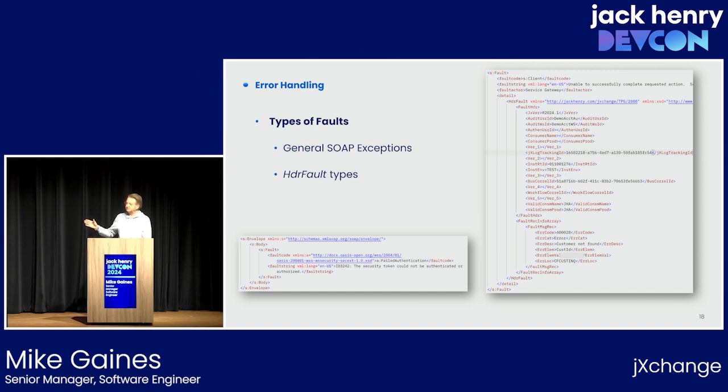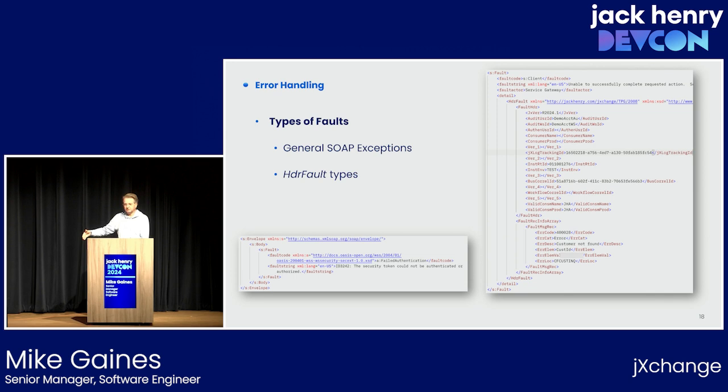The other is a SOAP fault that Jack Henry has designed, called the header fault, and you can see the body here. This is going to come from all of the service providers, and they're going to tell you that you made a request, and they're going to echo back the values that were on the request that were part of the routing, and it's going to tell you why it failed. It's going to give you an error code and an error category, because not every error is the same.